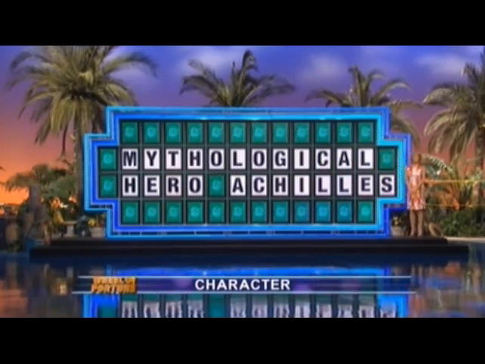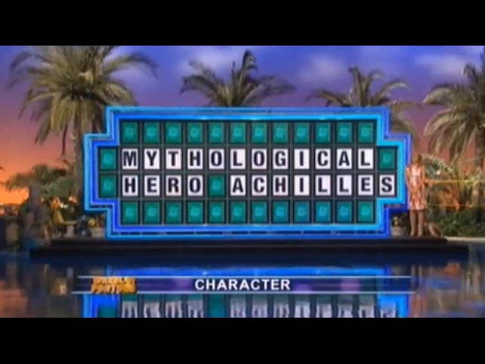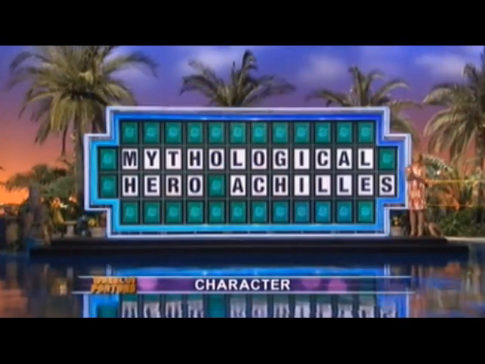Mythological hero Achilles. I can't accept that. Okay. Shelby. I'll solve. Mythological hero Achilles. Yeah, that's it. Oh, boy. When it comes to names, you have to just go with the name. And even though the letters are up there, because you have to solve it, which is what you did, you have to say it. And you said it. You get $1,000, which is house minimum. But we'll just wipe that clean from our memory bank and take a break and be back and play some more. Don't let that throw you the rest of the way.